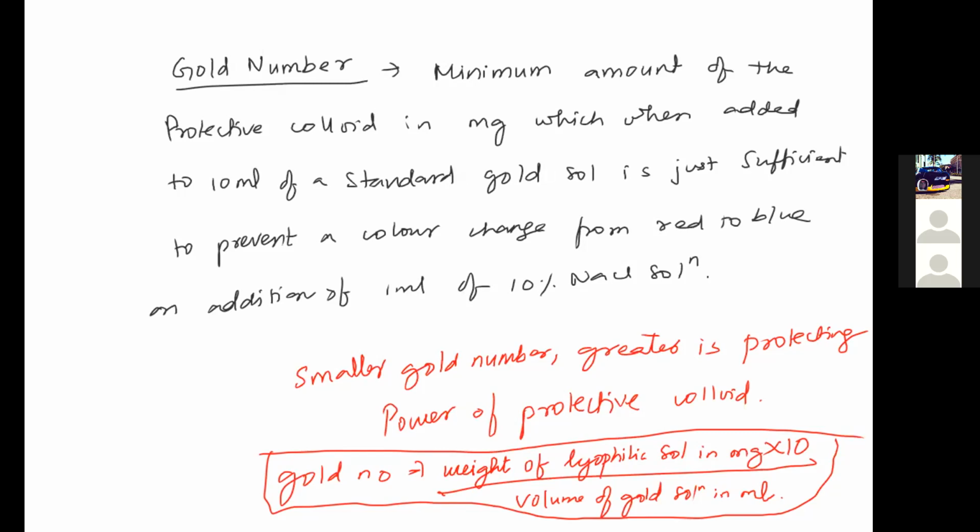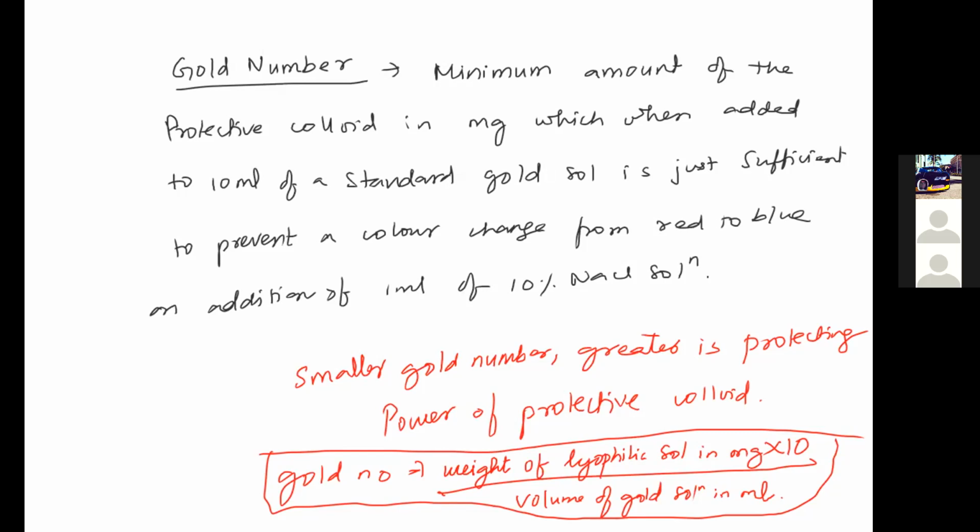Lyophilic solutions are more stable than lyophobic because of the extensive solvation of lyophilic. Lyophilic means water loving, so they have so much water solvation. They form a protective layer outside this particular colloid, and it prevents it from reacting with anything.